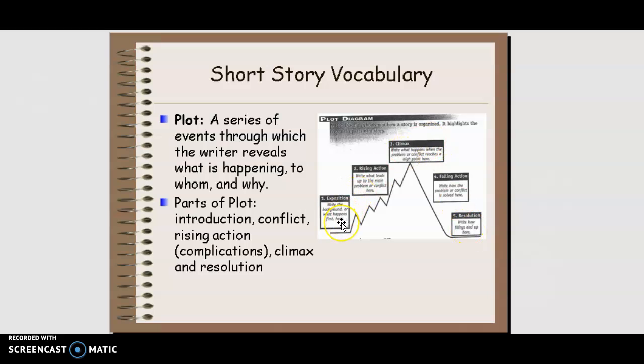We can start with the exposition, write the background or what happened first. Rising action, write about what leads up to the main problem or conflict here. The climax, the main problem. The falling action could be related to the solution, and the resolution is like the end of the story.